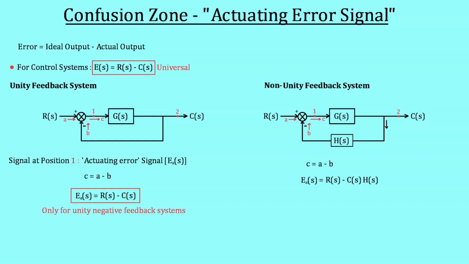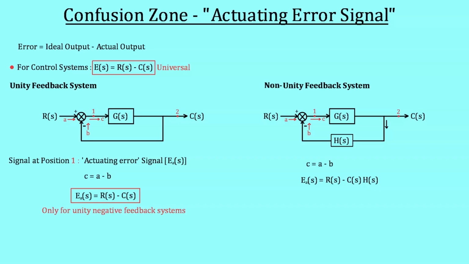The one common misconception students usually have is that this expression for error signal comes from the negative feedback system at position 1, which is wrong. This is actually the definition of error signal and has nothing to do with the block diagram. In the previous lectures, I have used position 1 to represent the error signal, but I did that just for simplicity.